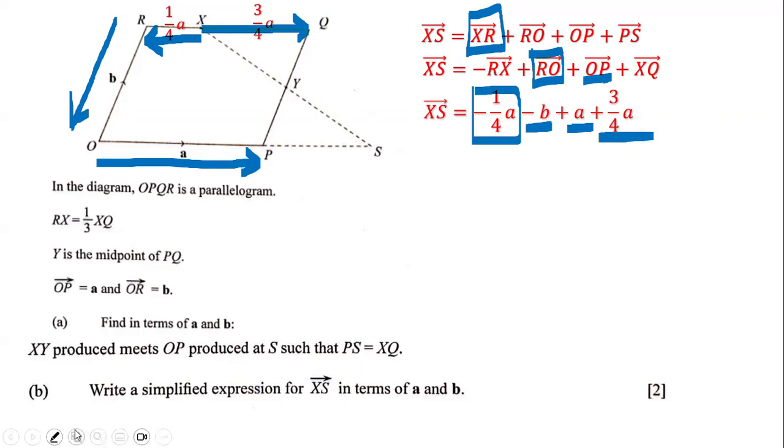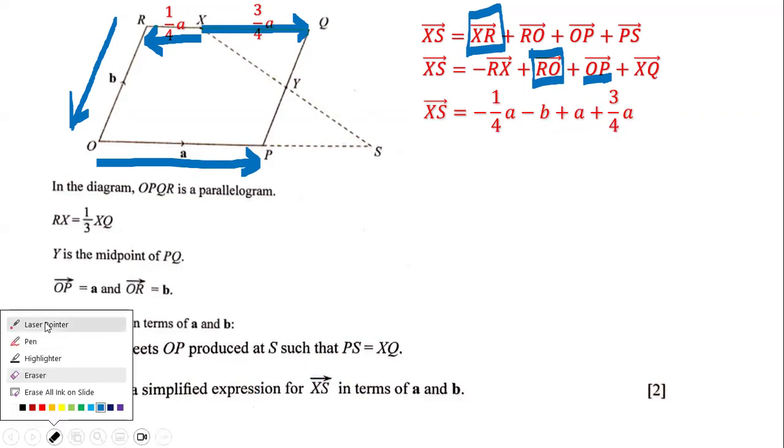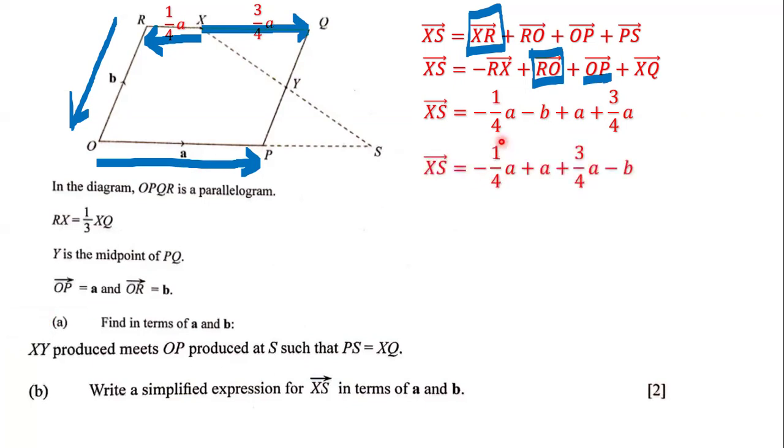Now we just have to simplify everything. We already have everything; we just have to simplify it. First we group our like terms. So we have negative 1 over 4A plus A, so we have this A here, plus 3 over 4A. We bring all our A's together, and we only have one B, so we put negative B here. So again, we have negative 1 over 4A plus 1A plus 3 over 4A.